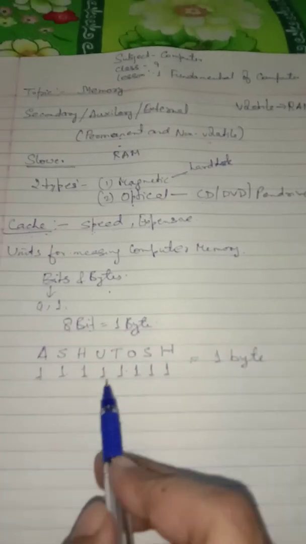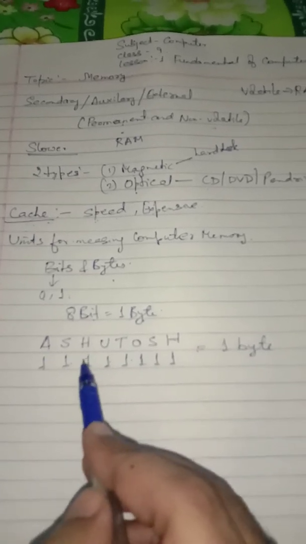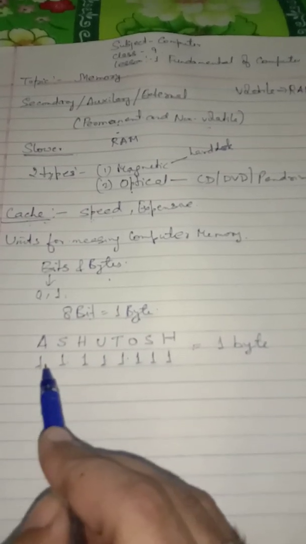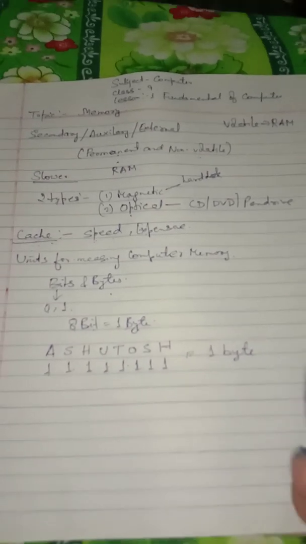So we can say 1 byte of data is over here, and individually these are single bits, and when a combination of these bits becomes 8 bits, it is 1 byte.